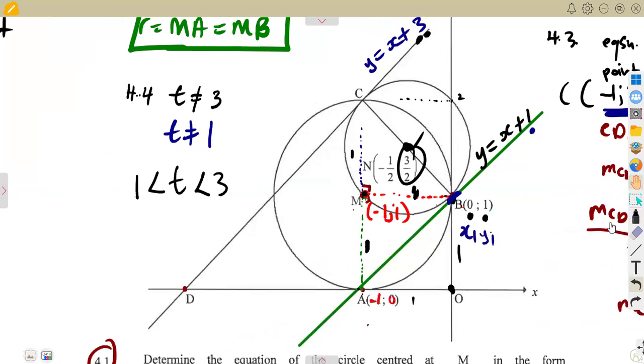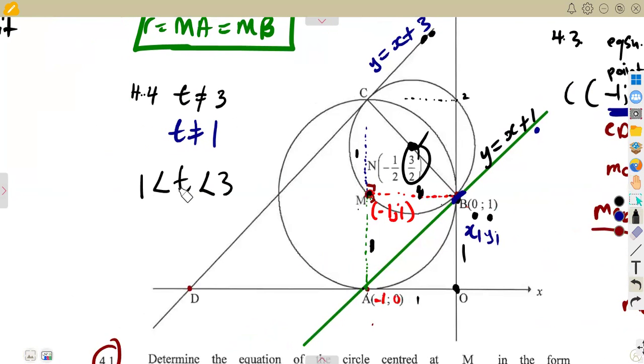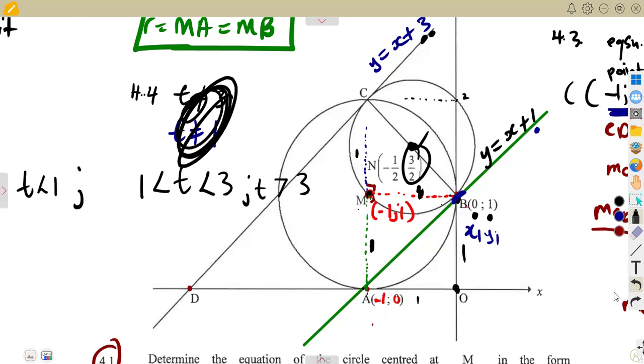But t can also be a value that is totally less than 1. It can also be a value greater than 3. You can consider t to be within these values, but not equal to 1 and not equal to 3. So there's no need for you to write it like this if you want.